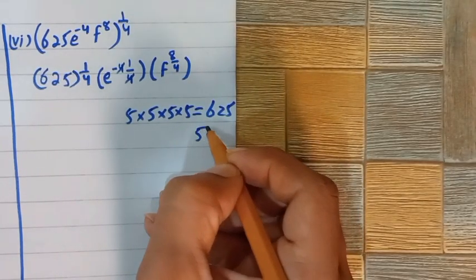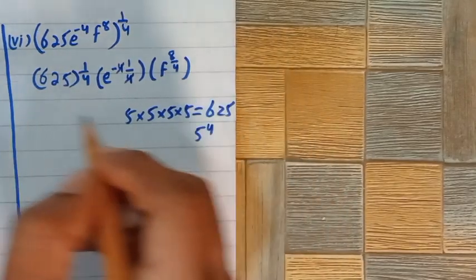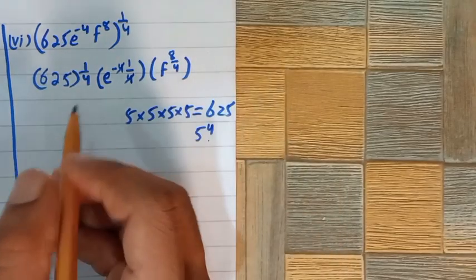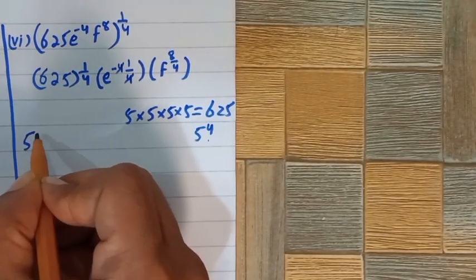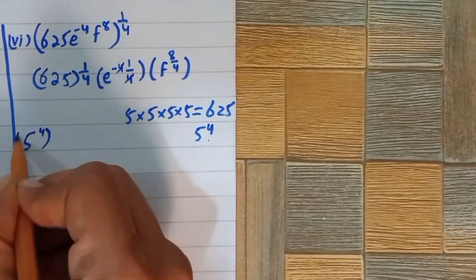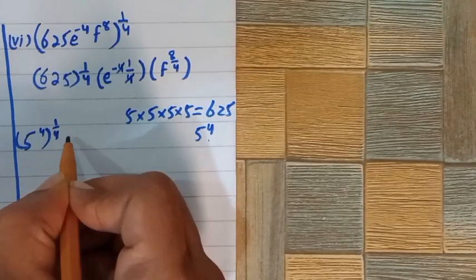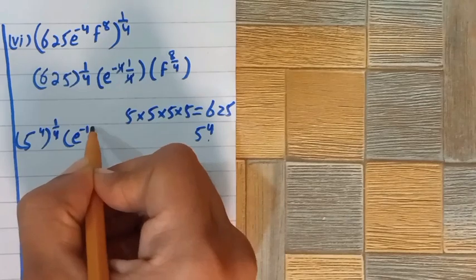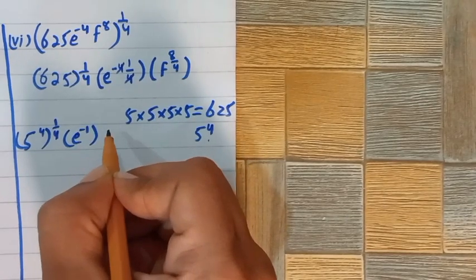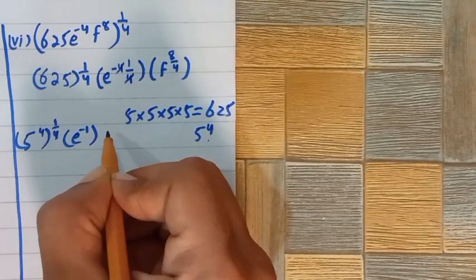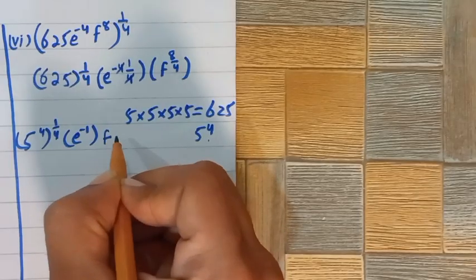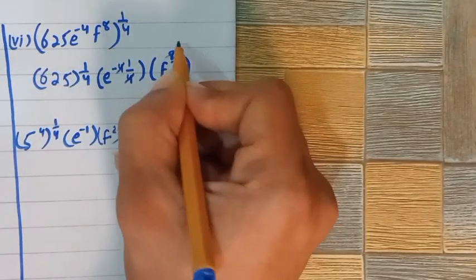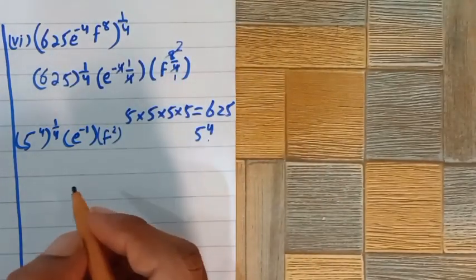So in exponential form, it will be 5^4. So for simplifying it, we will put this, (5^4)^(1/4), e^-1, here both 4s were cut, e^-1, and f square, because 8 divided by 4 is 2.